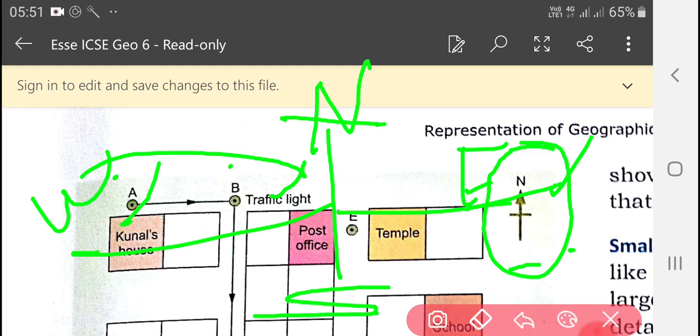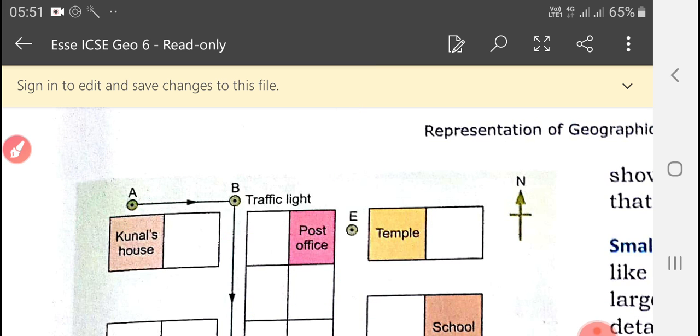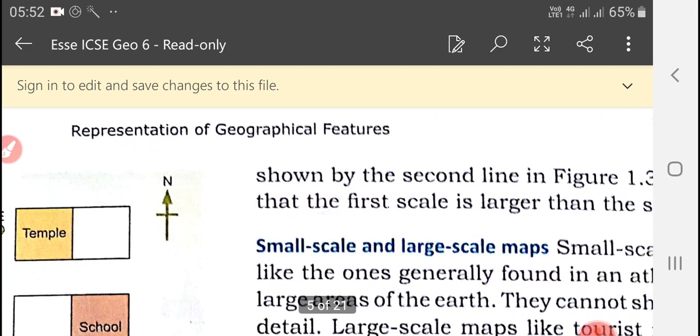Since we know this much, it is easy to find Kunal's house. If you start your journey from Kunal's house towards the traffic light, which direction do you have to move? You have to move towards the east. And that is what the direction shows us.